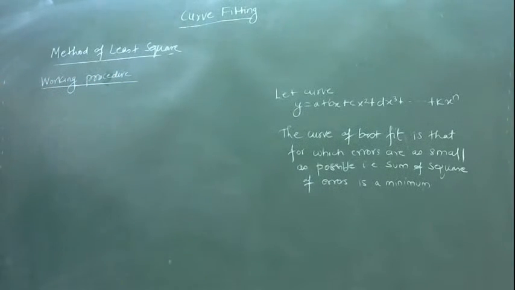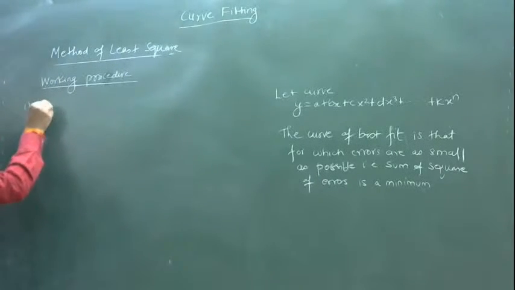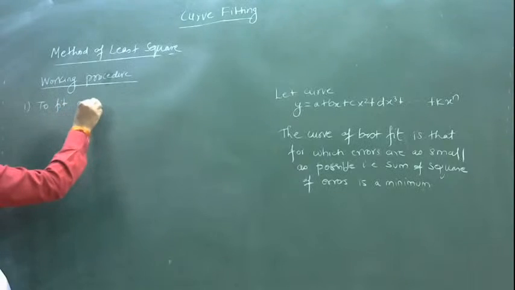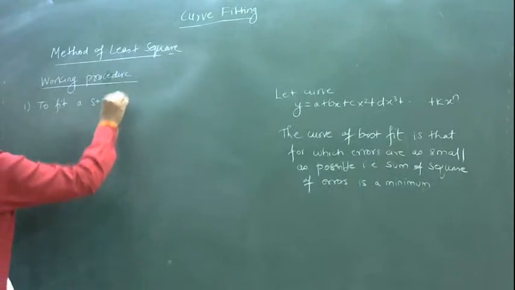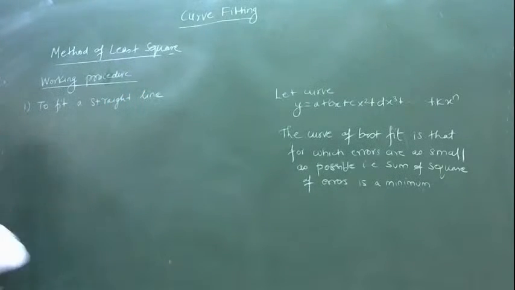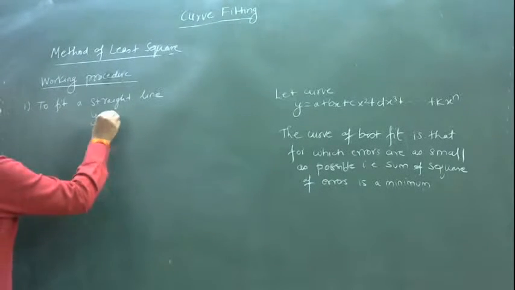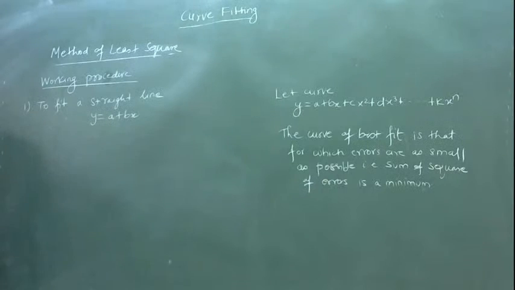First, to fit a straight line, y is equal to a plus bx. So here we will fit a straight line, and the equation is given as y is equal to a plus bx.